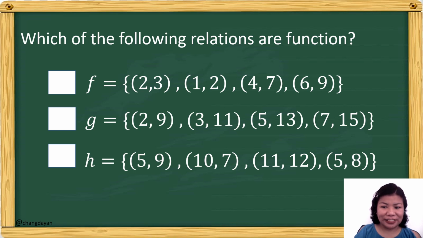Now let us answer this. Which of the following relations are functions? So I have here 3 relations. So the first one is f equals (2, 3), (1, 2), (4, 7), (6, 9). The first thing to do is to look at the x values.